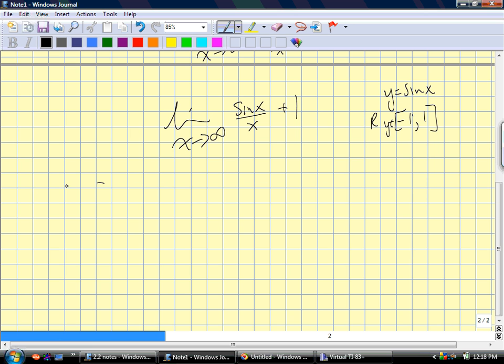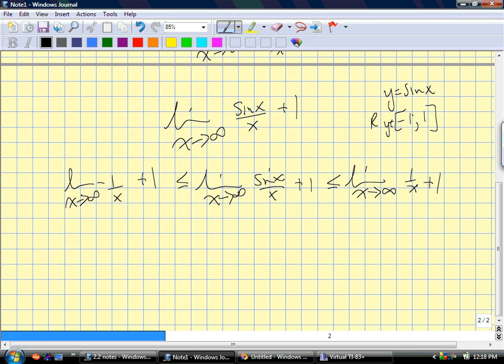So you get the limit as x approaches infinity of -1 over x plus 1. What's -1 divided by infinity? 0. Plus 1 is 1. It's still really arbitrary, but +1 divided by infinity, 0 plus 1 is 1. So you tell me a number that's bigger than or equal to 1 and less than or equal to 1.